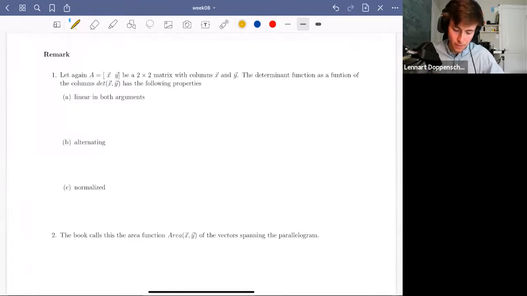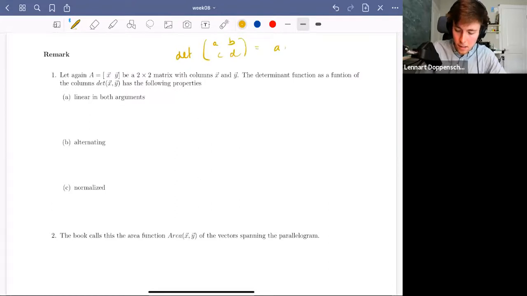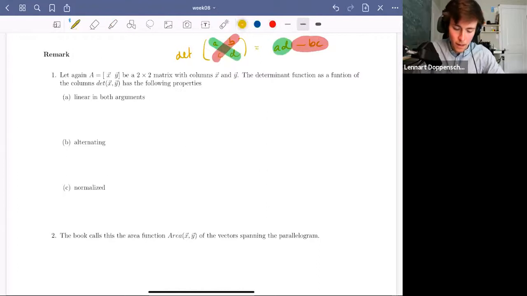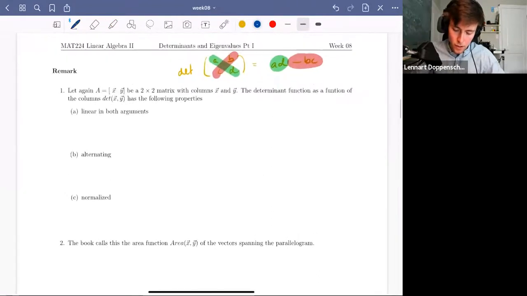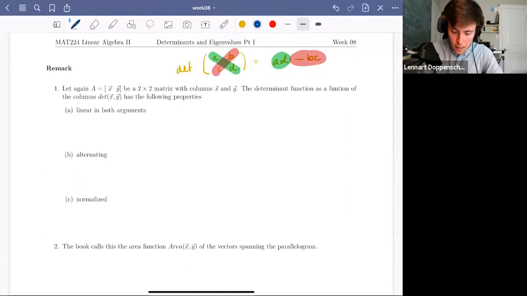So first of all, let me just remind you, the determinant of (A, B; C, D) is AD minus BC. You can think about this as taking the diagonal, multiplying its elements, then taking the off-diagonal, and subtracting the product of these. You can see that this is linear in both arguments, and what this really means is that you think of the determinant as a function on vectors.